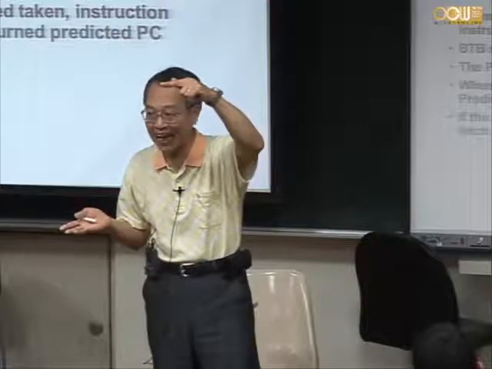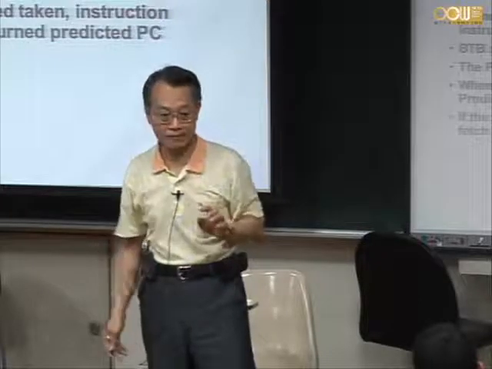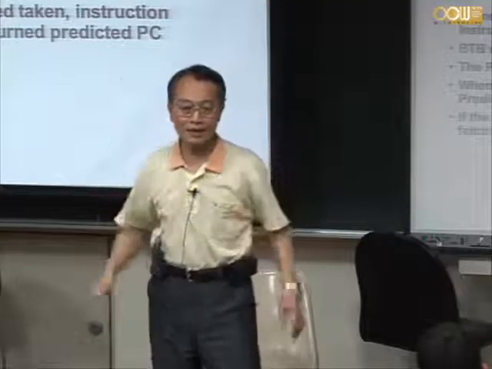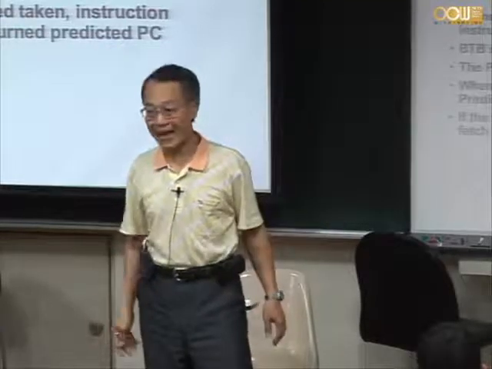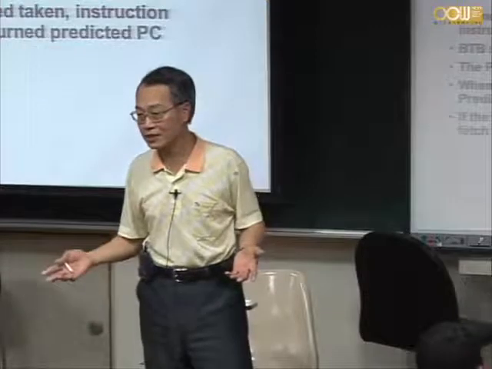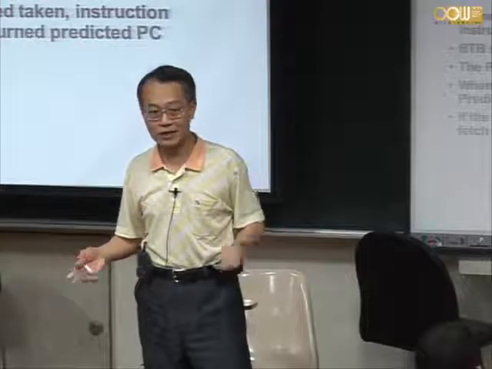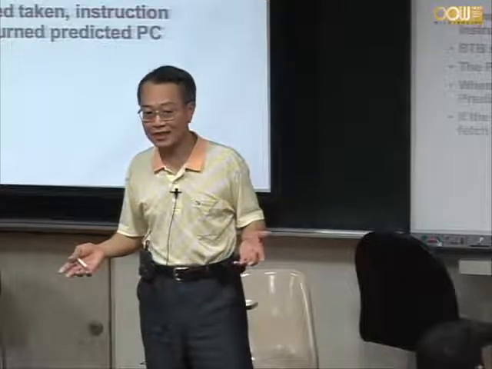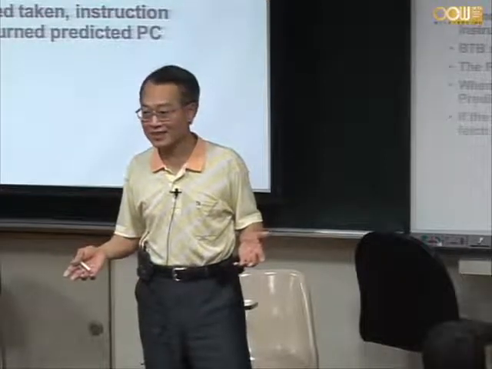So I don't have an address for that stack. Or can I use one integrated stack for all the different calls to the same or different subroutines? Can I? Can I not?